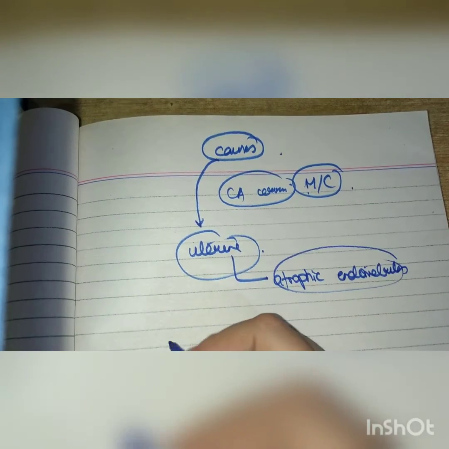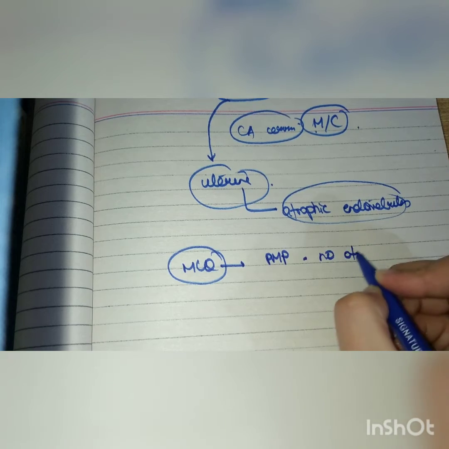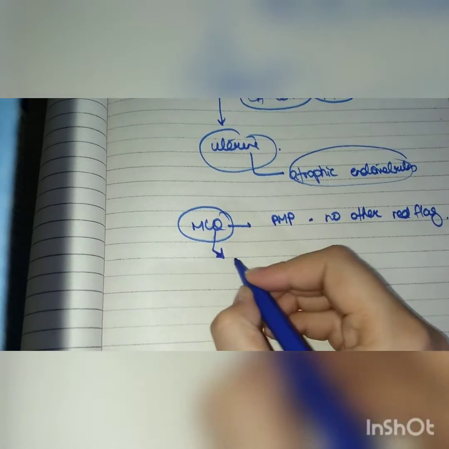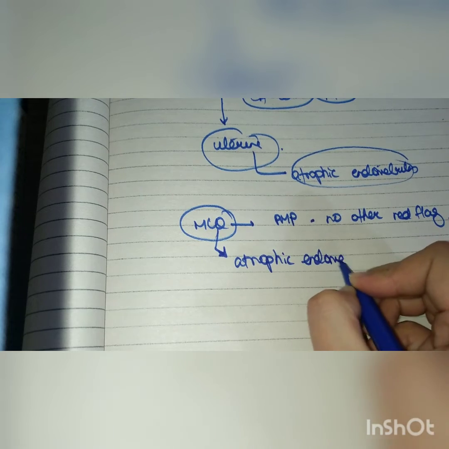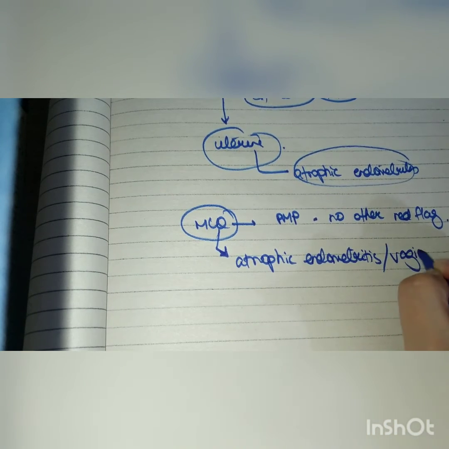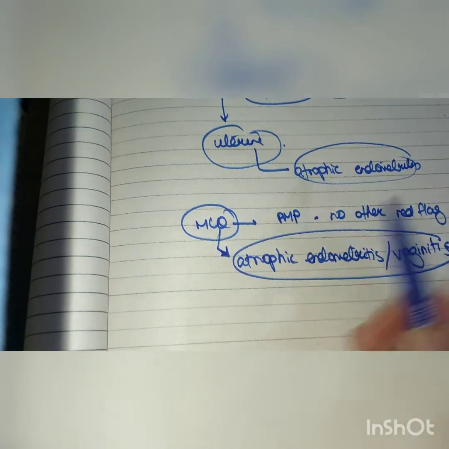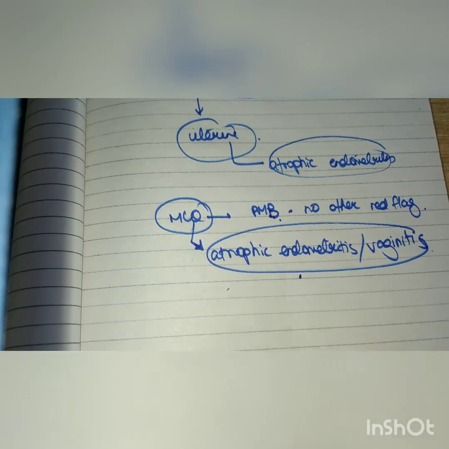This is a very important MCQ in which they ask that there's an old woman suffering from postmenopausal bleeding and there is no other red flag. What is the probable cause? The answer is atrophic. It can be atrophic vaginitis or atrophic endometritis, but atrophy of the genital tract. A simple presentation of an old woman with postmenopausal bleeding is due to atrophic endometritis or vaginitis.